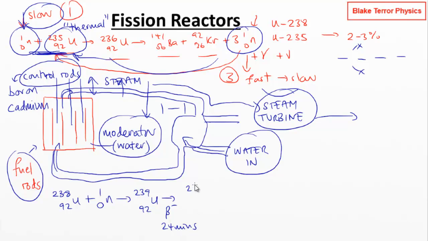And that will produce some neptunium-93. So, we've gone up an element. That will go up another element to plutonium-293. And that beta minus decay again is about 2.5 days. So we're quickly producing plutonium while we're doing all of this.